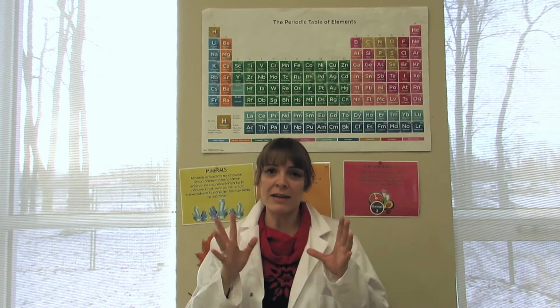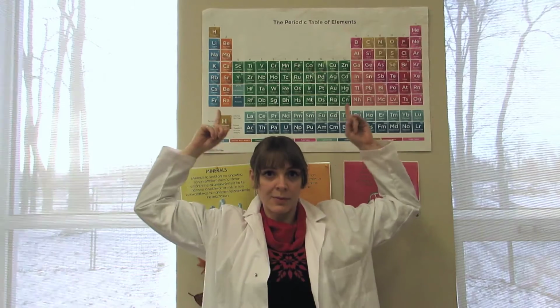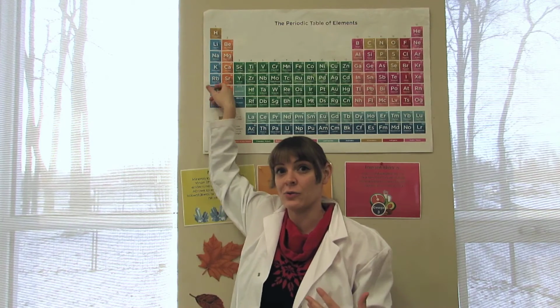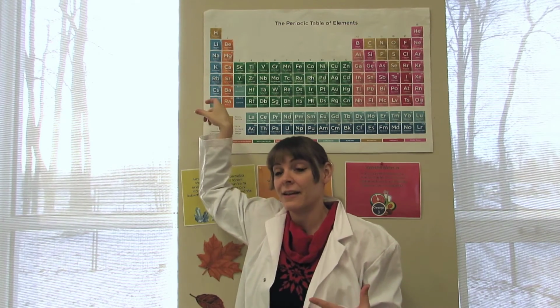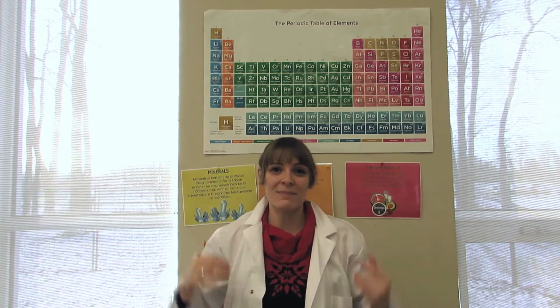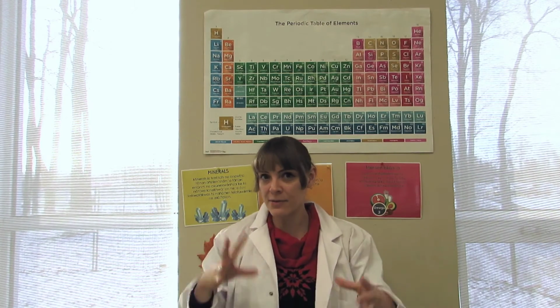Now, if we look at this green portion right in the middle of the table, they are a special group of metals. They're called the transition metals, and they have different chemical properties than the other two groups that we talked about at the beginning, the alkali and the alkaline earth metals. The transition metals are a little bit more stable because they're more central to the table.